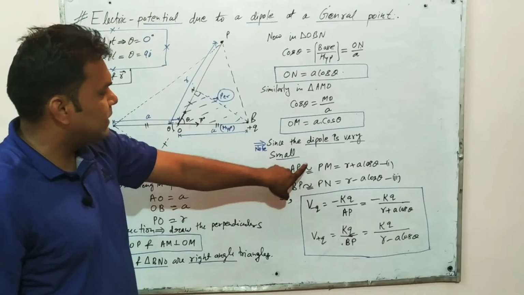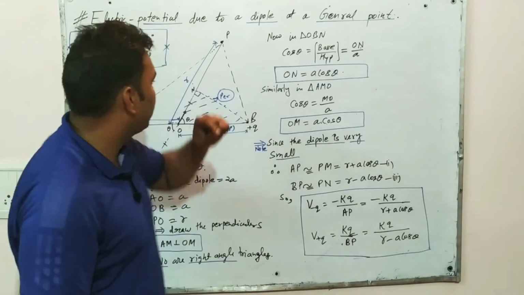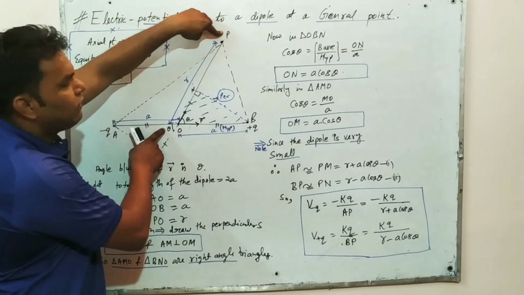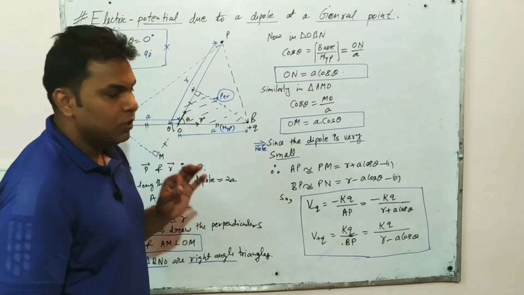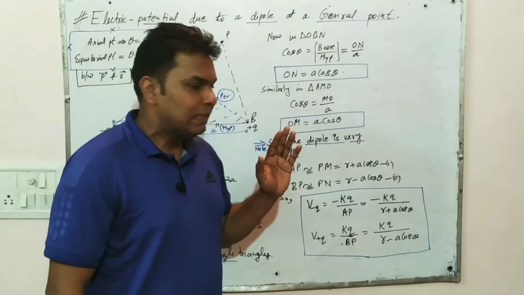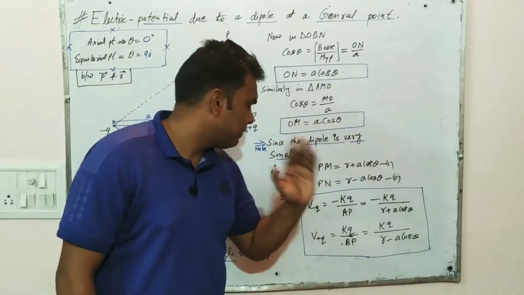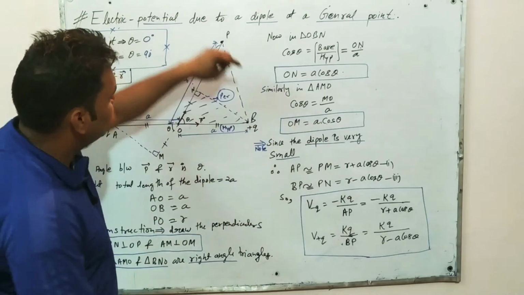So AP is equal to PM, which is r plus a cos theta. Why? Because from P to O we have r, and from O to M we have a cos theta. So the value of AP comes out to be r plus a cos theta. This is our equation 1, you can say. Now similarly we have BP. So this is our side BP.